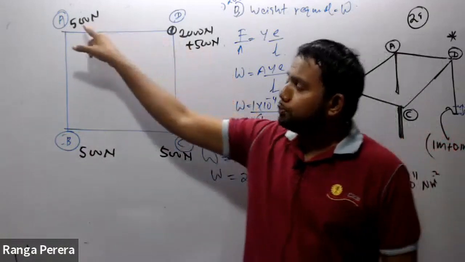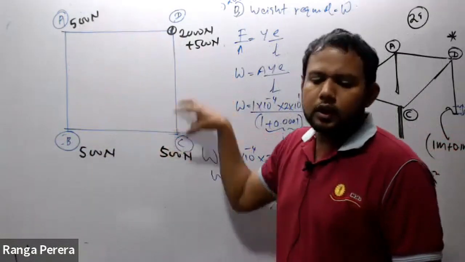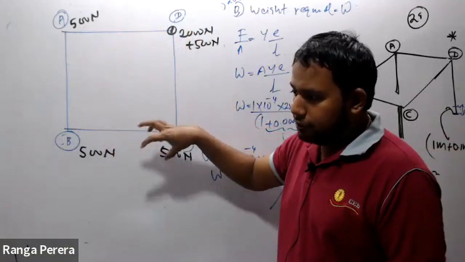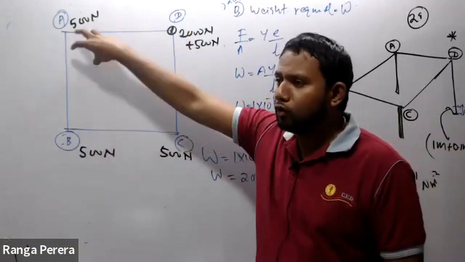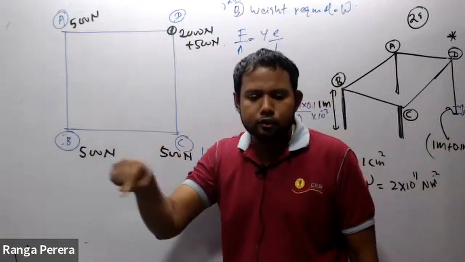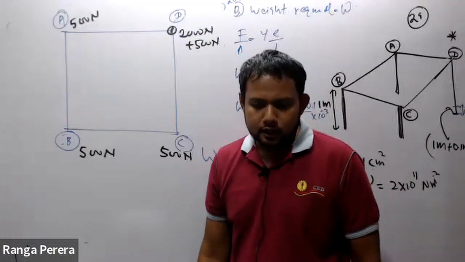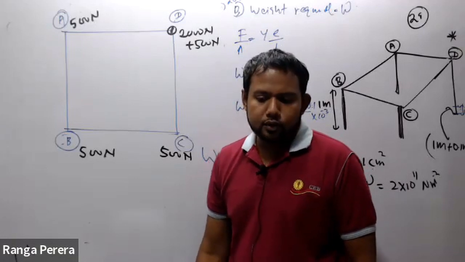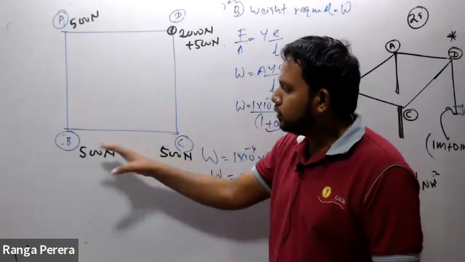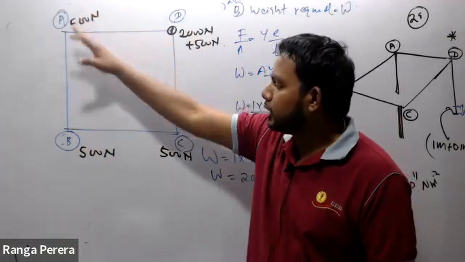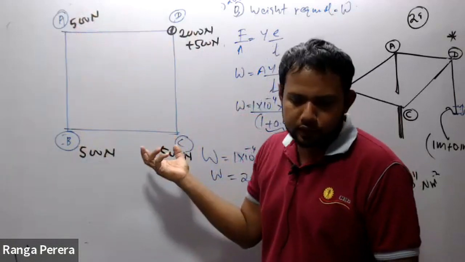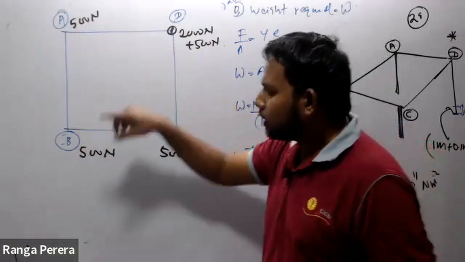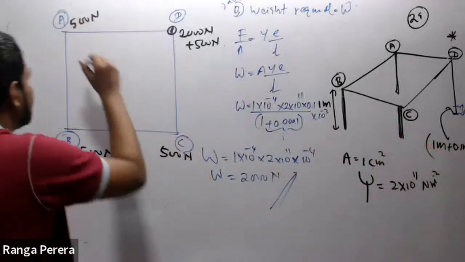If you want to provide an equal effect for all those 4 legs, where should I place that 2000 Newton weight? Equal values, 500, 500, 500, 500, altogether 2000. Yes, exactly. The center of gravity, actually it is not the center of gravity, it is the intersection point of this.